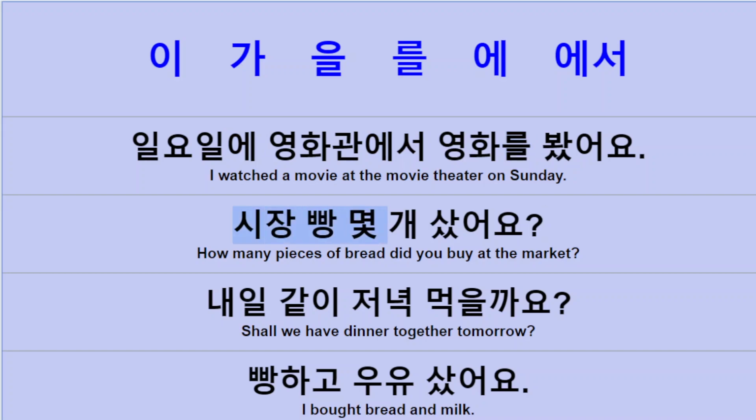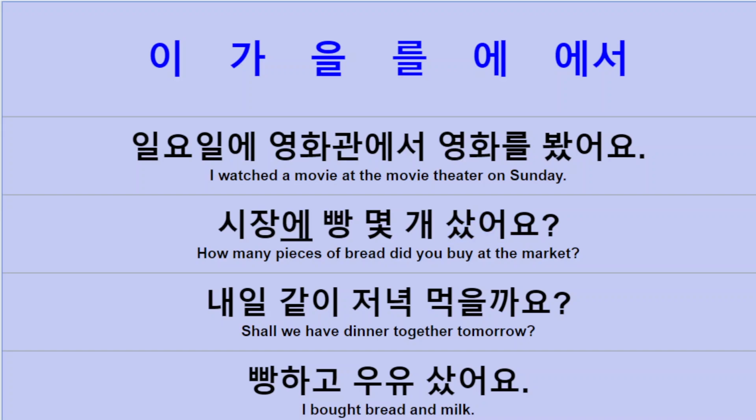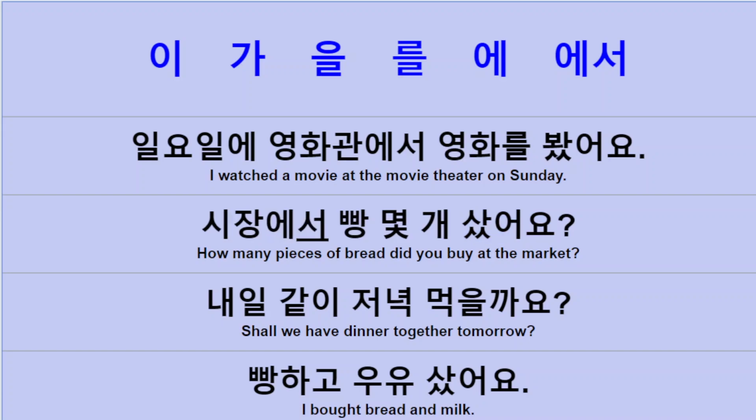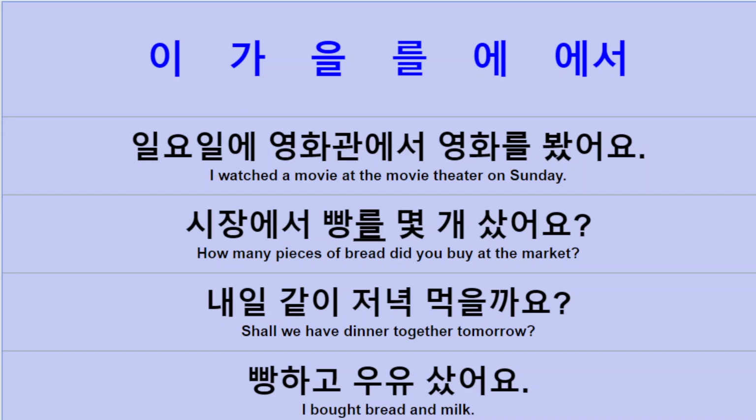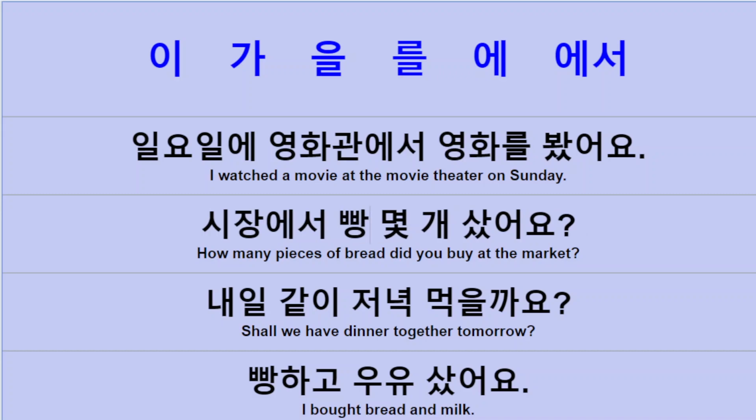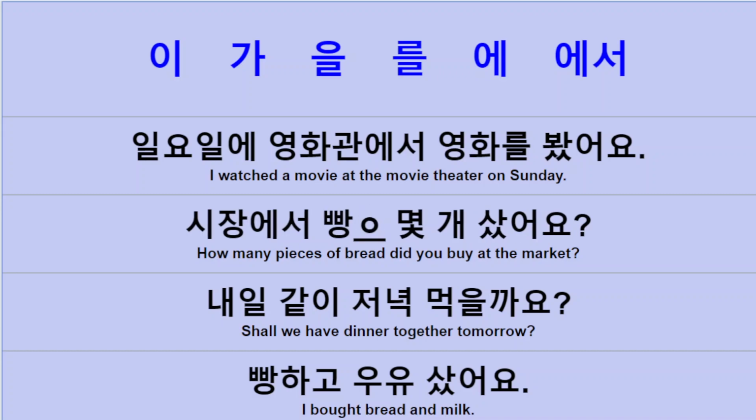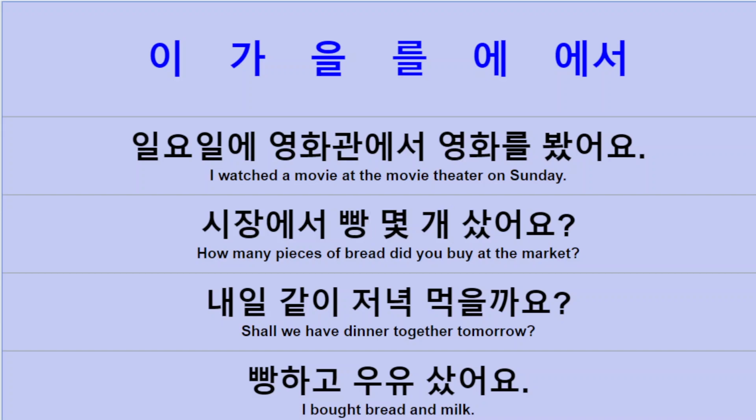And 시장 빵 몇 개 샀어요? 시장 needs a place particle, so I need to see the verb, 샀어요. It's not 가다, 오다, 있다, 없다. So 시장에서 빵 몇 개를 샀어요. Or actually I can put 를 here: 빵을 몇 개 샀어요, or 빵 몇 개를 샀어요.